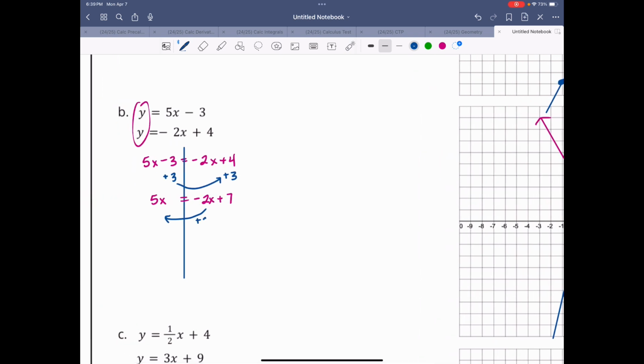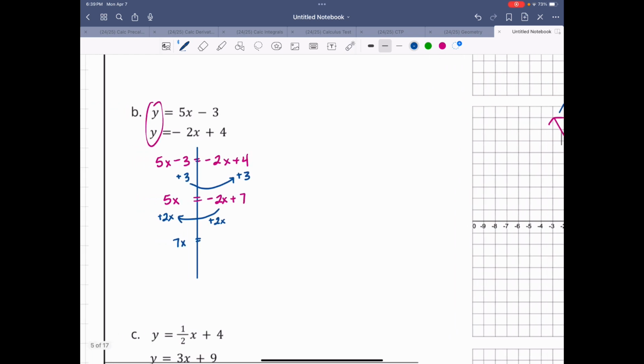So I'm going to add 2x. So if I add 5x plus 2x, my total is 7x is equal to, and again, these are opposites of each other, so that's why we don't write them. The whole purpose of doing the opposite is so that they essentially disappear. So I don't need to write anything here, but I do have this 7 still here, right? So my 7's still there.